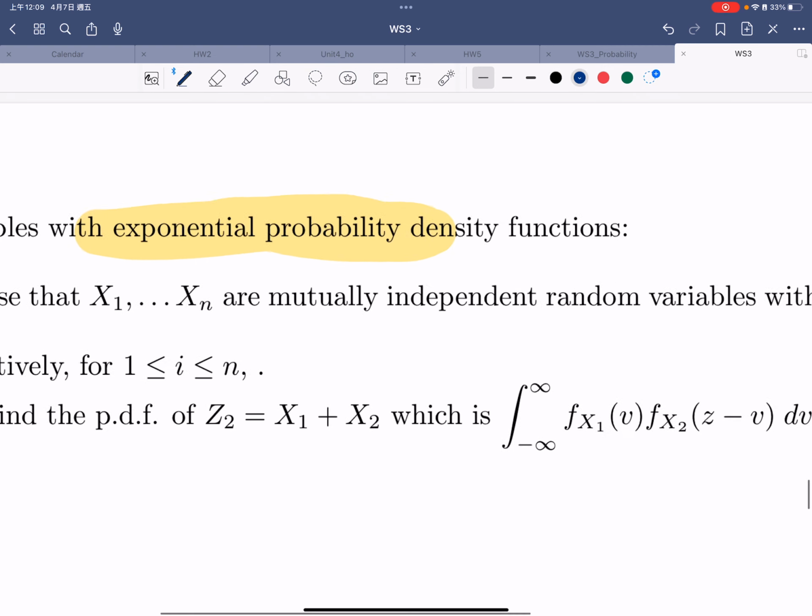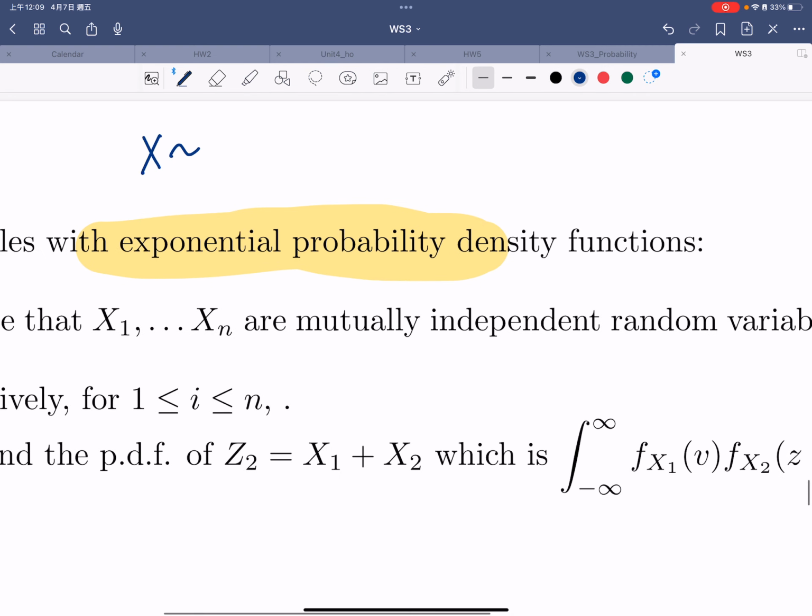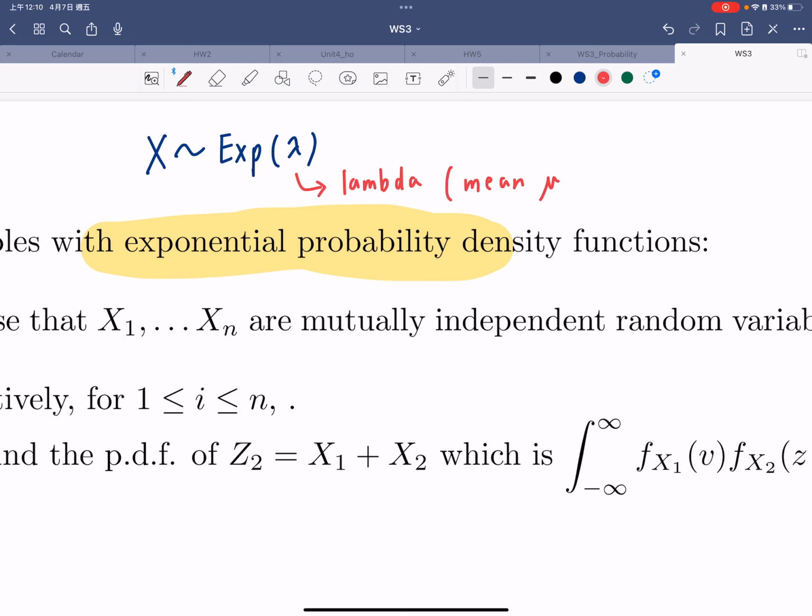If I write x follows exponential distribution with a parameter lambda, this lambda stands for a mean, basically a mean. Mean is mu, right? Average.